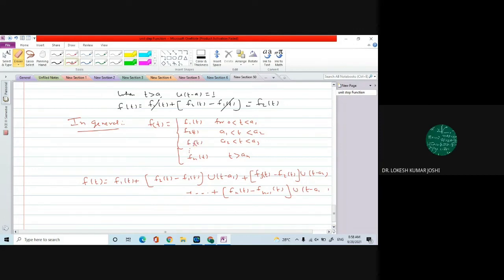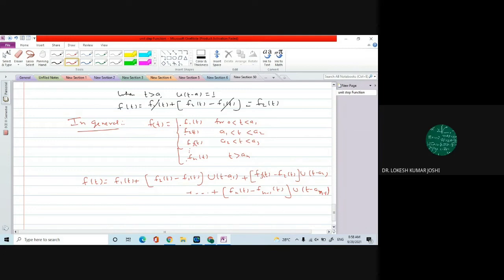That is, f1(t) plus [f2 minus f1] u(t minus a1) plus [f3 minus f2] u(t minus a2) plus [f4 minus f3] u(t minus a3), and so on up to [fn minus f(n minus 1)] u(t minus a(n minus 1)).